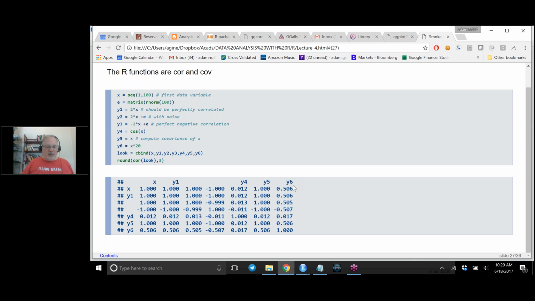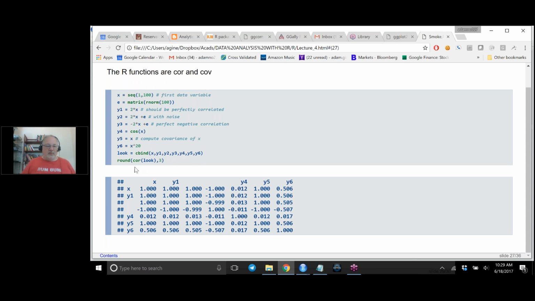The correlation of y6 with y6 is always 1. And incidentally, it's symmetric. The correlation of y4 with y1 is 0.012, and it is going to be the correlation of y1 with y4. So you really only need the entries either above or below the diagonal.